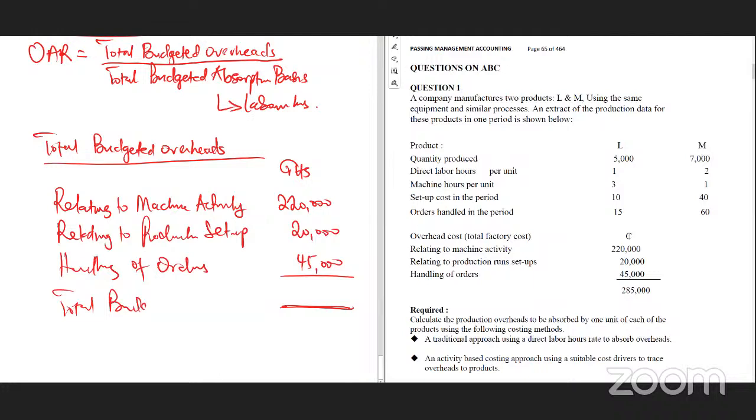You see the problem with traditional costing. Each of these things have things that influence them, right? But under traditional costing, we put all of them together as one. Does that make sense to everyone? So we have 285,000, but they said this one, we are going to absorb it using what?